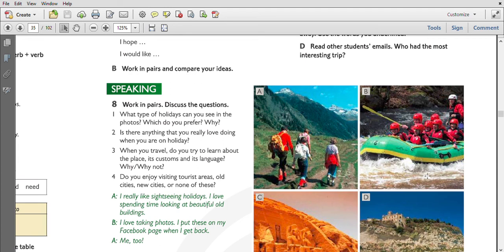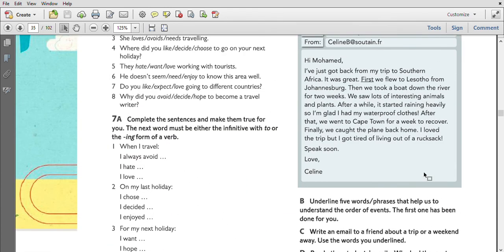So we have already done all our exercises, and the last one is: underline five words or phrases that help us to understand the order of events. The first one has been done for you, so the first is underlined: first. The next ones will be then, after a while, and the last, finally.